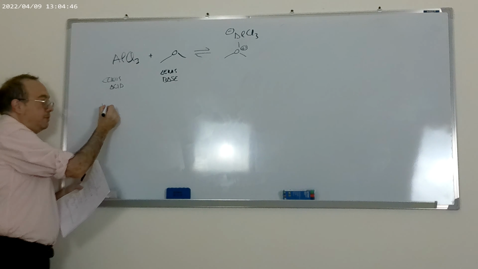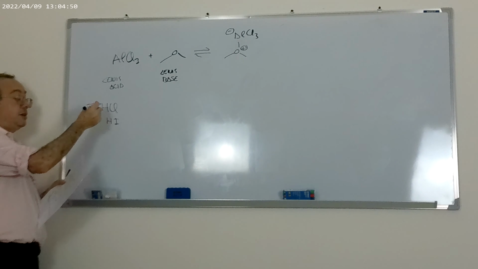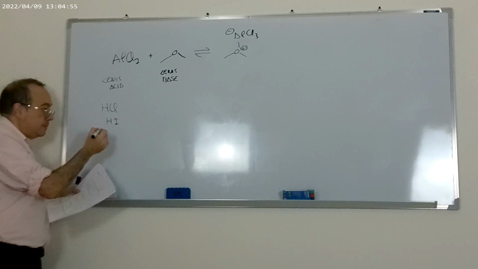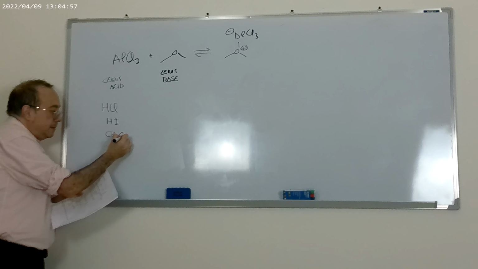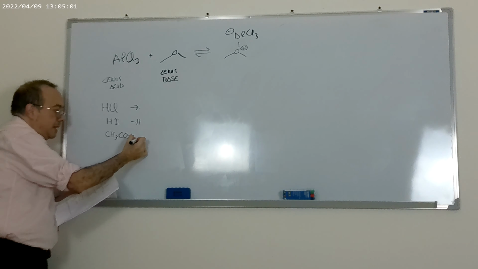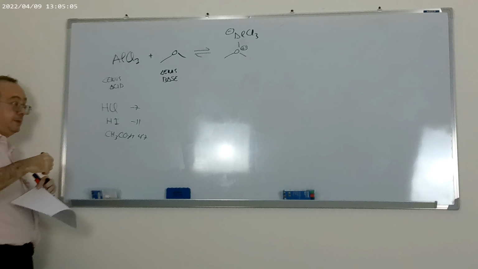Second question, if we have perchloric acid, hydrochloric acid, and acetic acid, pKa is -7, -11, and 4.7. Which is the stronger acid?